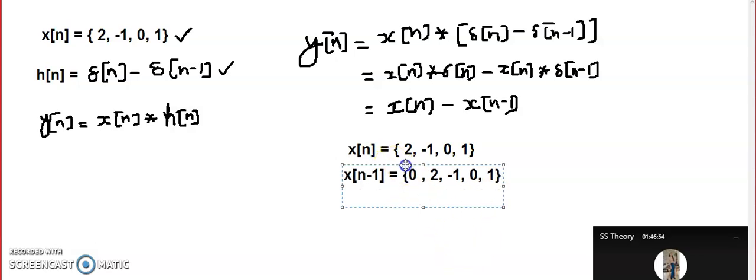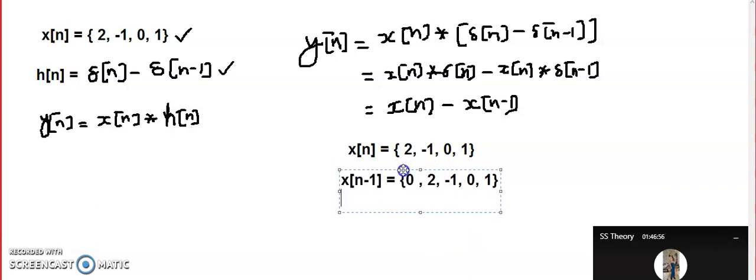ओके, और हमें इन दोनों को सब्ट्रैक्ट करना है. We need to subtract this क्योंकि यहाँ पे माइनस का साइन है ना. So this signal minus this signal will be your yn. So what will be your yn?